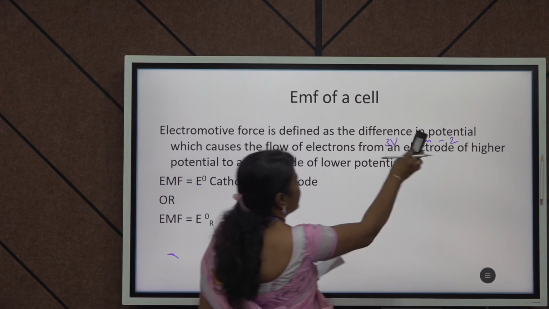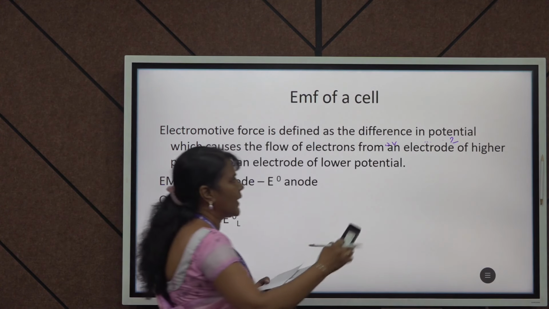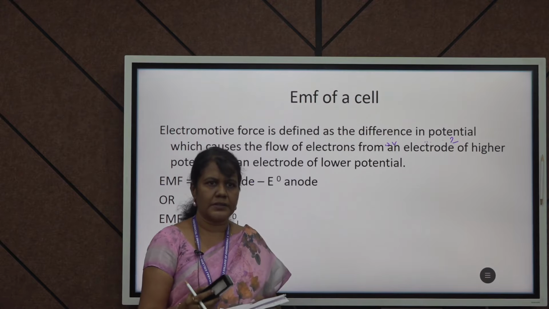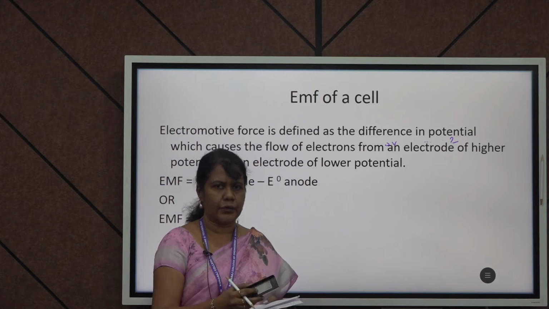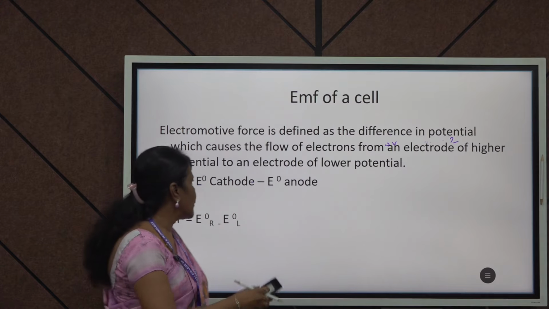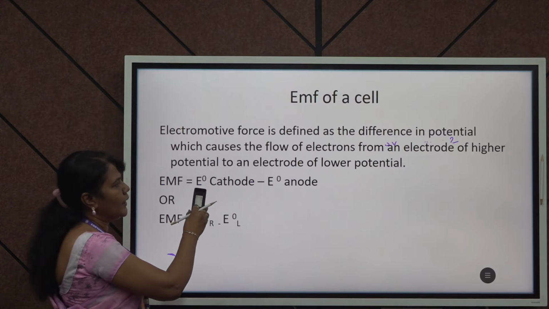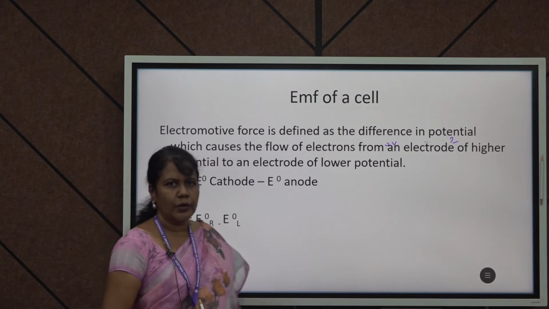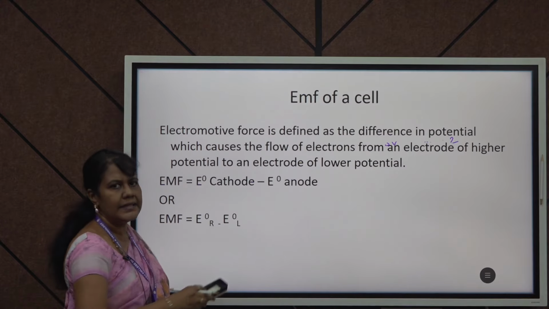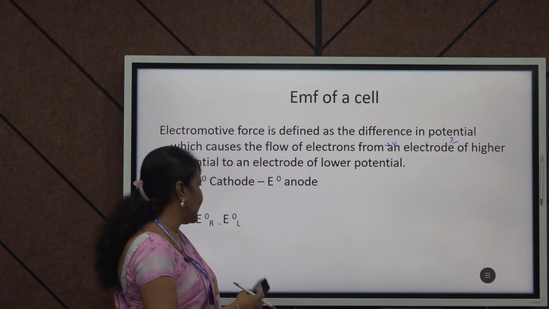The formula used to calculate the EMF is very simple. Based on the right hand side electrode and left hand side electrode, that is cathode as well as anode, we can calculate the EMF. EMF is given by E naught cathode minus E naught anode, or in simple words EMF is equal to E naught right minus E naught left.